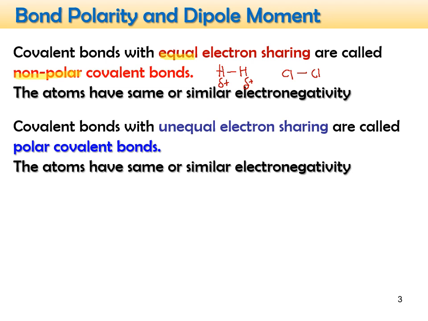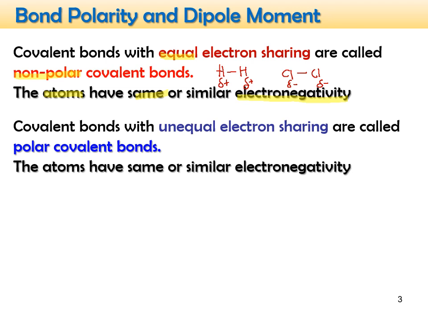Here, the two Cl atoms are the same, so the distribution of electron is equal for non-polar covalent bond. The atoms that share the electron will have the same or similar electronegativity, as I showed before.